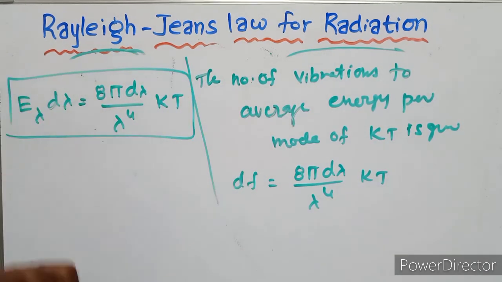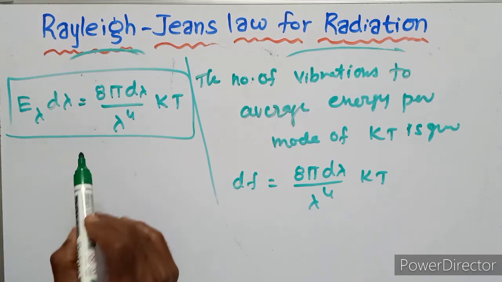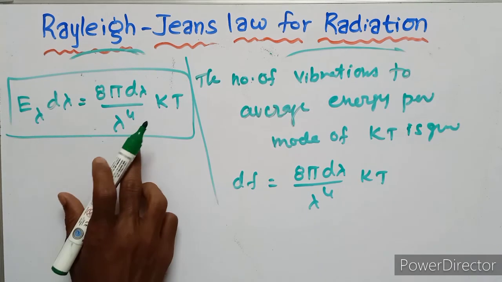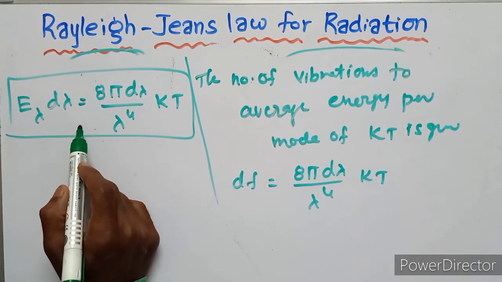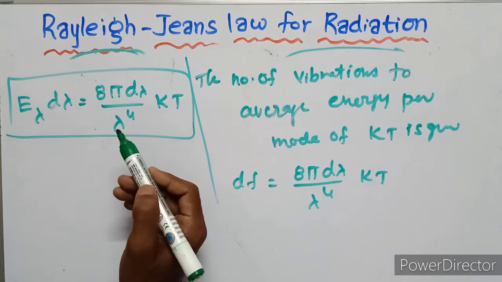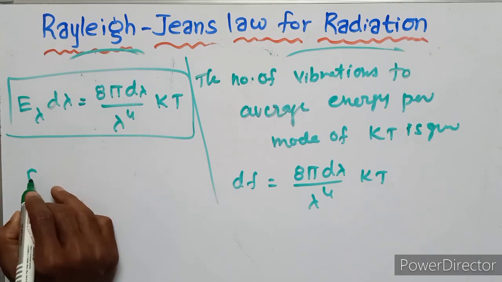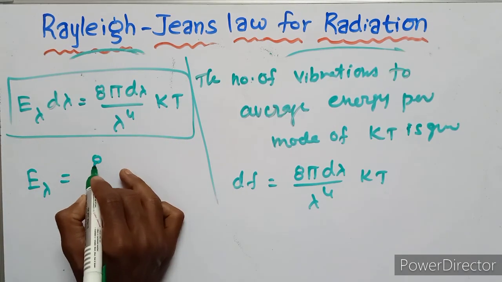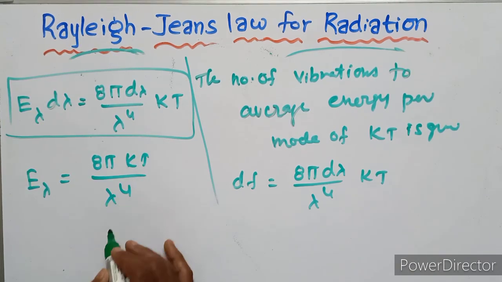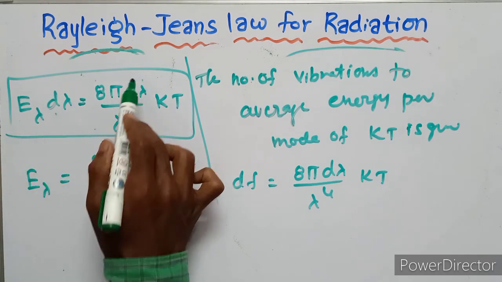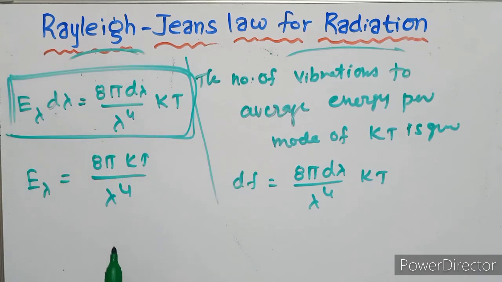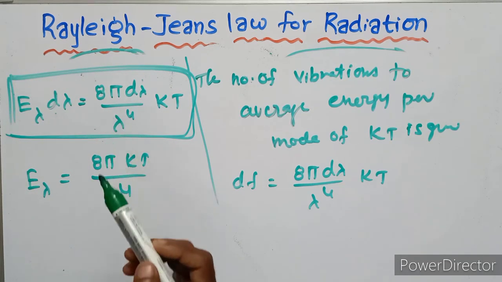So this is the Rayleigh Jeans law of radiation energy distribution. This equation can also be written as 8 pi kT upon lambda to the power of 4. So this is the Rayleigh Jeans law of radiation energy distribution.